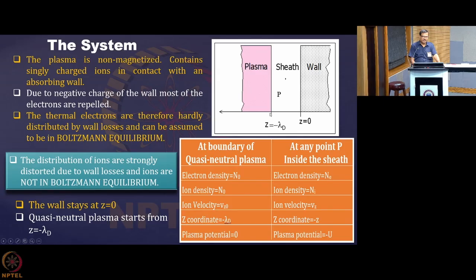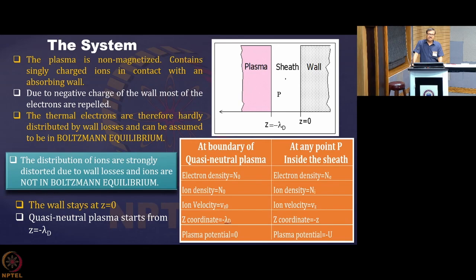So this lambda D we have written here, and then the bulk plasma starts. As you are seeing here, z is equal to minus lambda D is where the sheath ends and then the plasma starts. So, this is a typical presentation of the sheath that we are trying to consider.